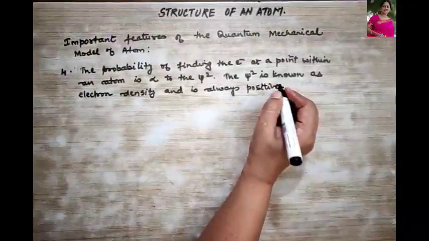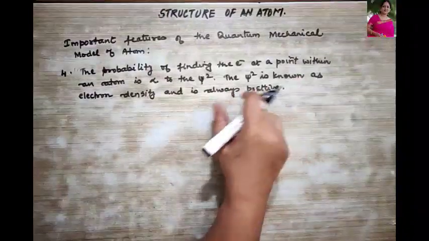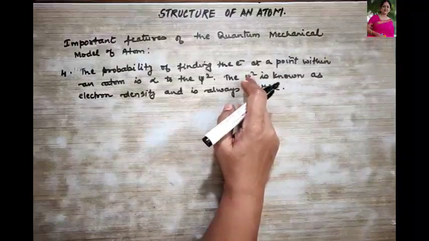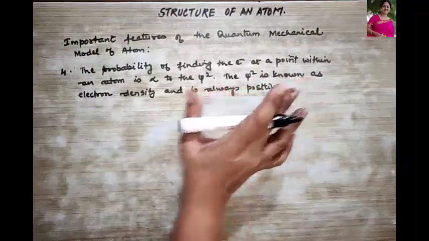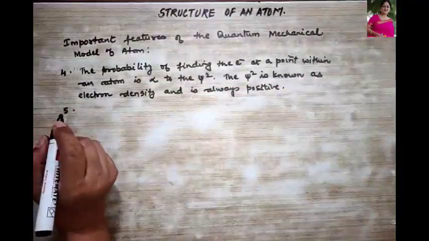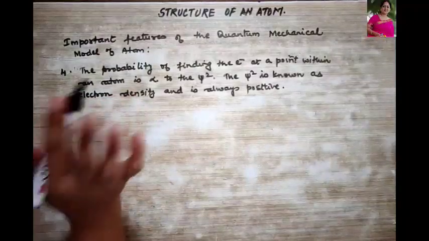Clear? It is possible thus to predict the region within an atom by finding this value of the square of the wave function at different points where the electron will most probably be found. Then coming to the fifth point, a wave mechanical model always provides three constants.